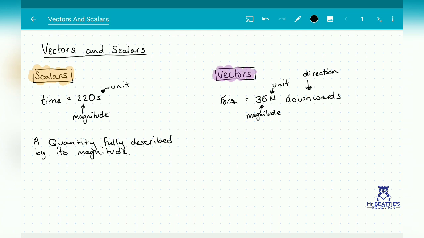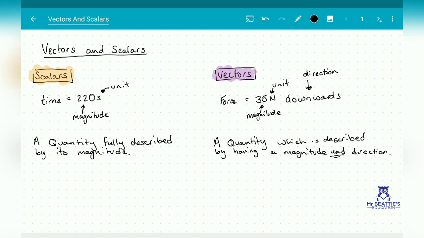So a vector is a quantity which is described by having a magnitude and direction.